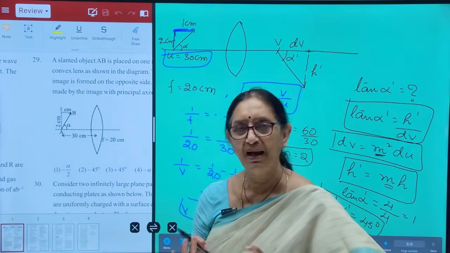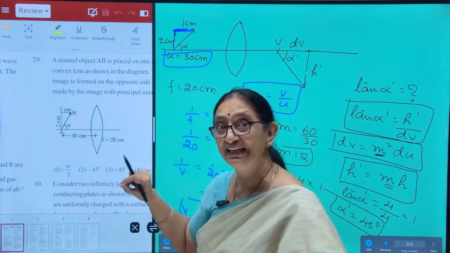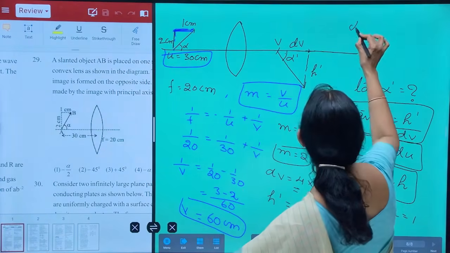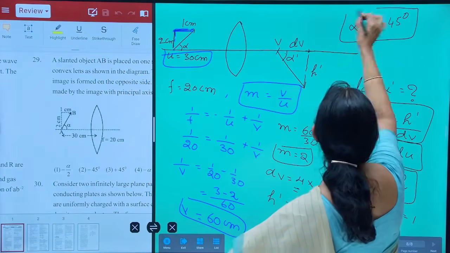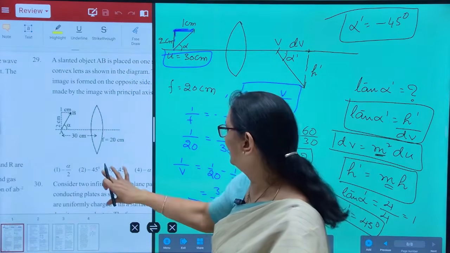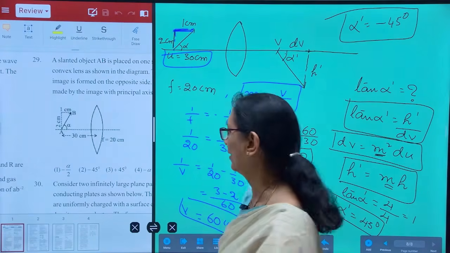As this is an inverted image, we say it is negative. So alpha dash is equal to minus 45 degrees is the right choice for that problem. In the options given, the second option is the perfect option.